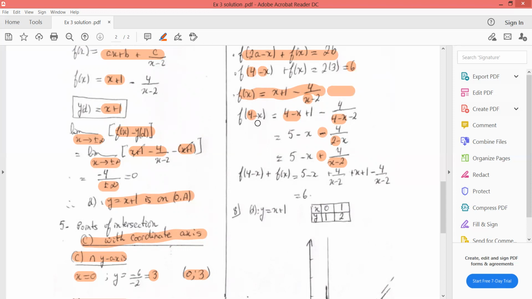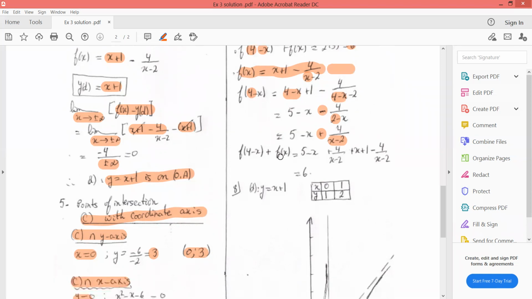Like f of 2 we replace x by 2, f of 5 we replace x by 5, f of 4 minus x we replace each x by 4 minus x. So this is f of 4 minus x, and this is f(x). 5 plus 1, 6.